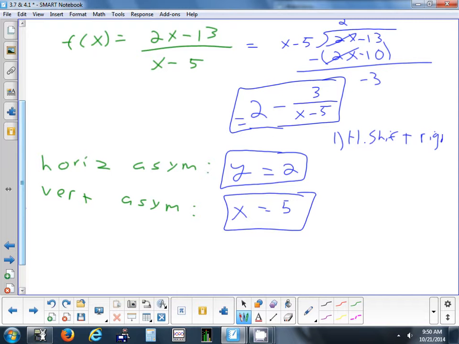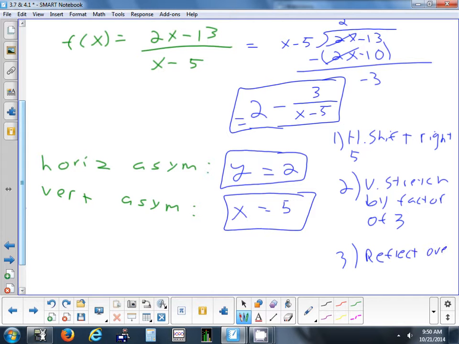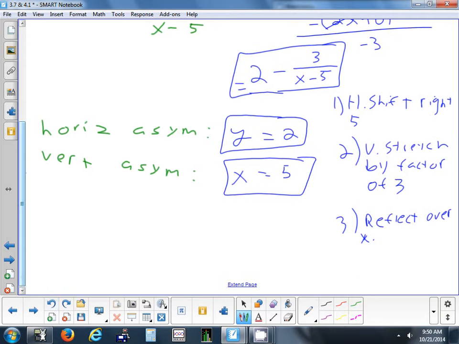Horizontal shift, right 5. Vertical stretch by a factor of 3. Then when you put a negative in front, that causes it to reflect over the x. If you put a negative down in here, that's a reflection over the y. Okay, we talked about those earlier. And then the fourth step is shift up 2.